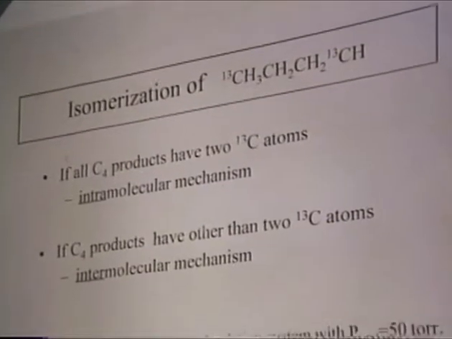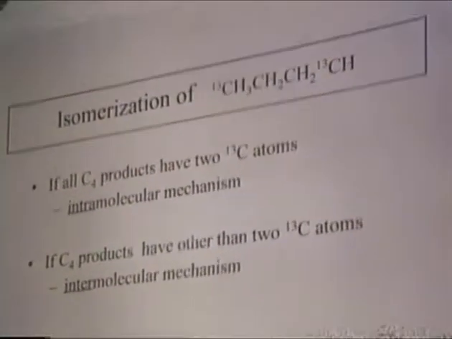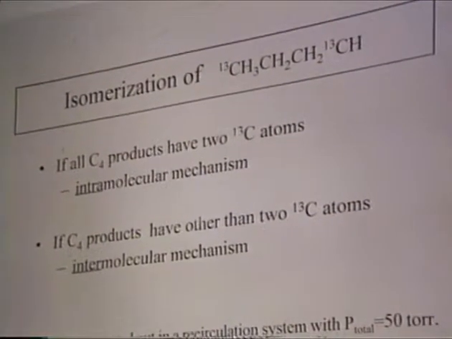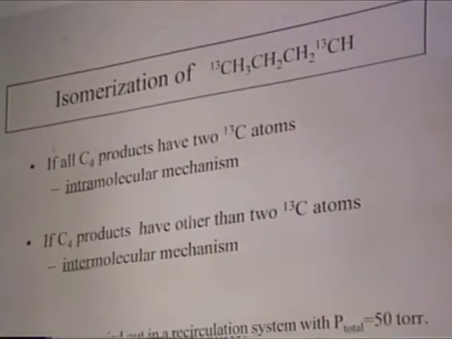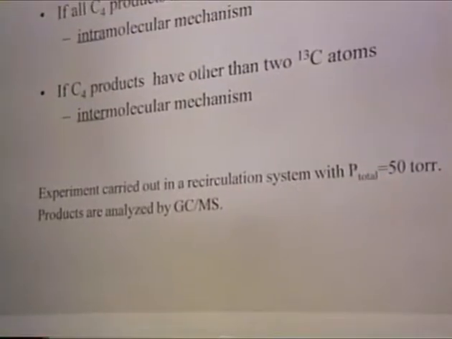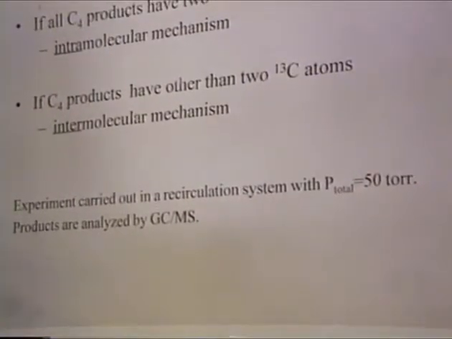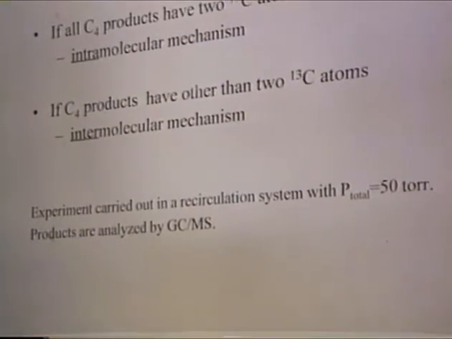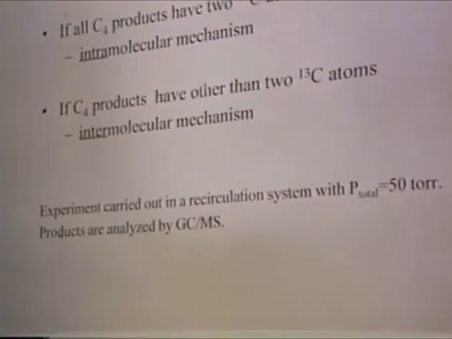You just have to look into the mass spectrum to see if you have only the original 2 carbon-13 in the molecule after reaction, and that will give us an indication of an intramolecular pathway. If we find more than the 2 carbon-13 in the product, we know that we must have an intermolecular pathway here.